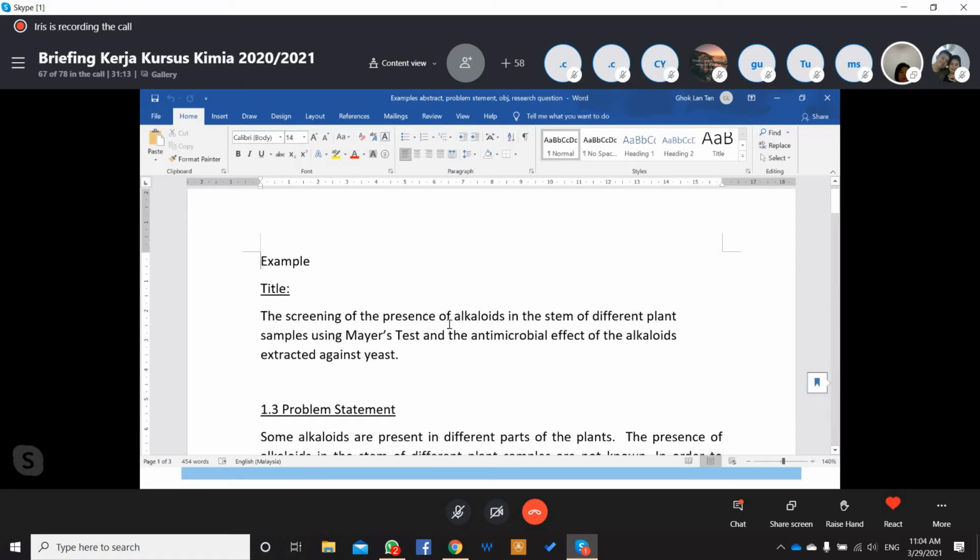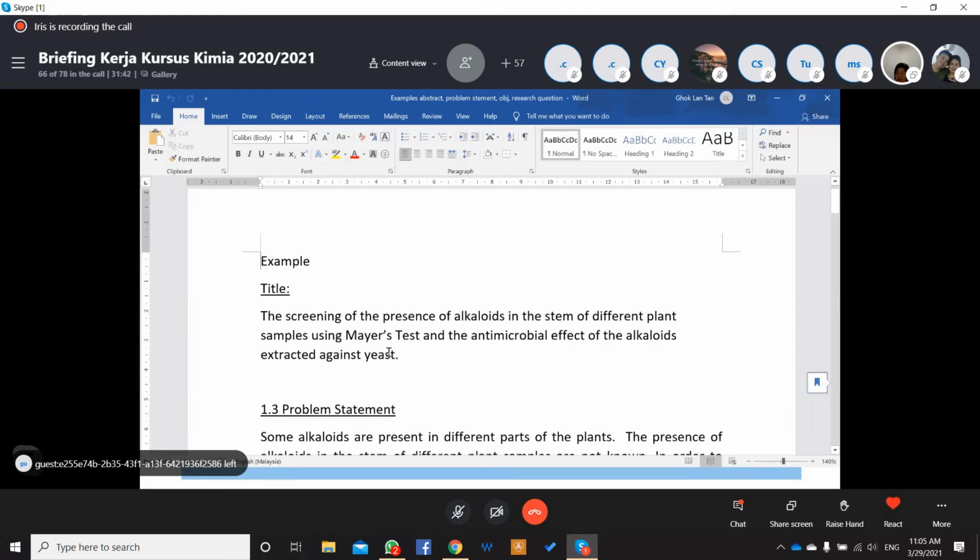Some plants have, some plants don't have. So screening of the presence of alkaloid in the stem of different plant samples. Maksudnya, when I read this, I know, dia ada beberapa jenis plant sample. So they try to screen out whether this plant in the stem has alkaloid or not. So this is one. Using Mayer test.